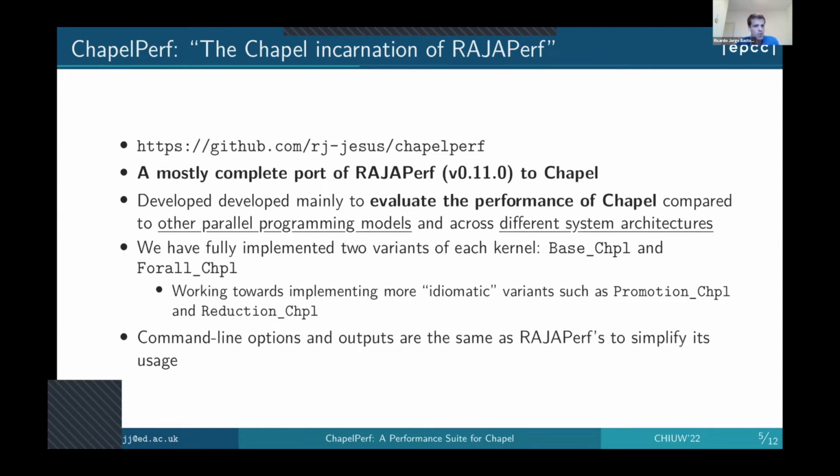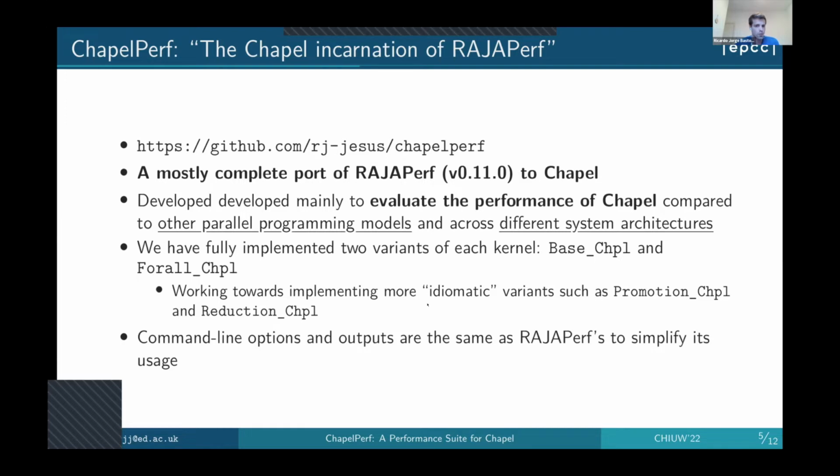So as of now, ChapelPerf is a mostly complete port of RAJAPerf to Chapel, and we developed it mainly to extend the wide coverage offered by RAJAPerf, both in terms of code patterns and programming models that it contemplates, to the Chapel ecosystem.